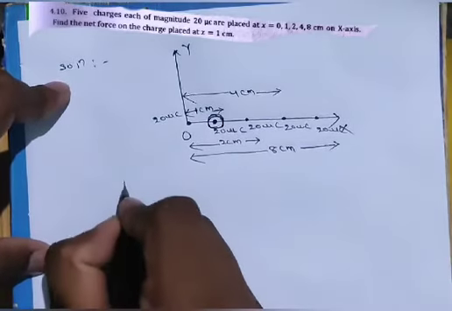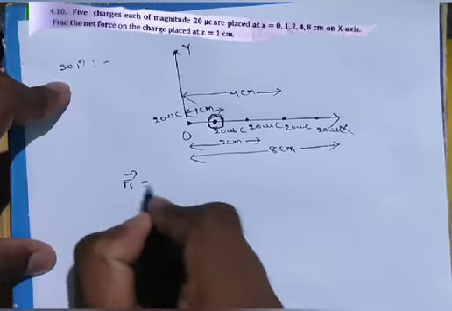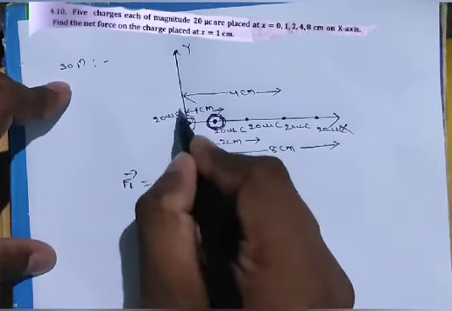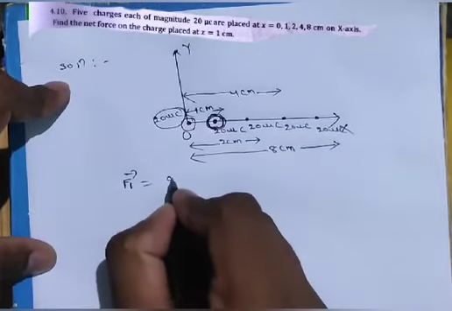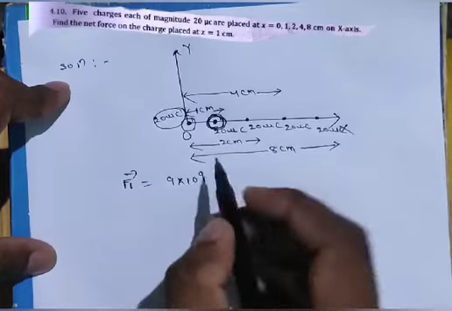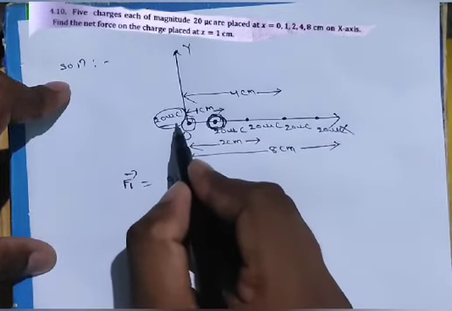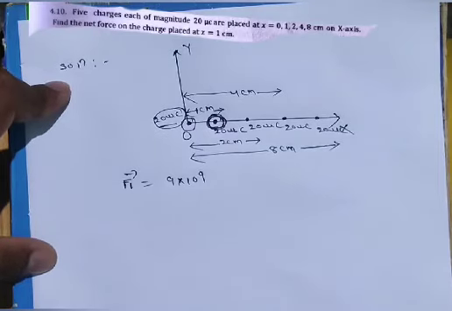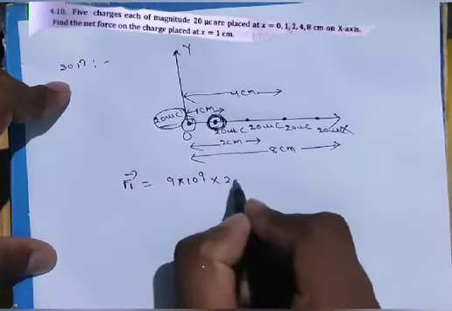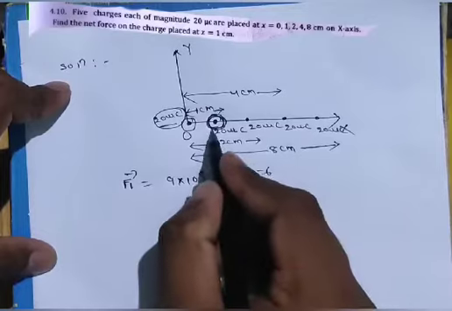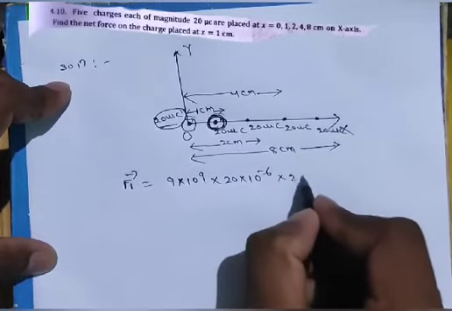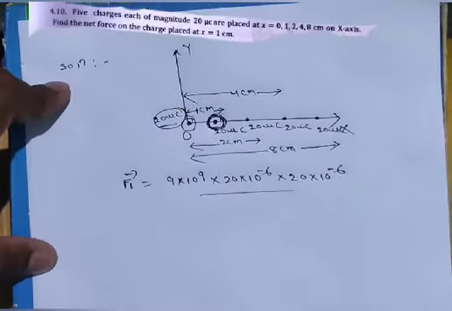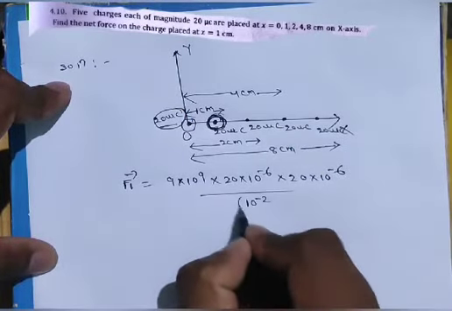So first I shall calculate F1, that is the force on this 20 microcoulomb due to this charge 20 microcoulomb. What will be the value? We know 9 into 10 to the power 9, and Q1 is 20 microcoulomb. 1 microcoulomb equals 10 to the power minus 6 coulomb, so 20 microcoulomb means 20 into 10 to the power minus 6 coulomb, and Q2 is also the same, 20 into 10 to the power minus 6 coulomb, and distance is 1 centimeter, and we know 1 centimeter equals 10 to the power minus 2 meter.